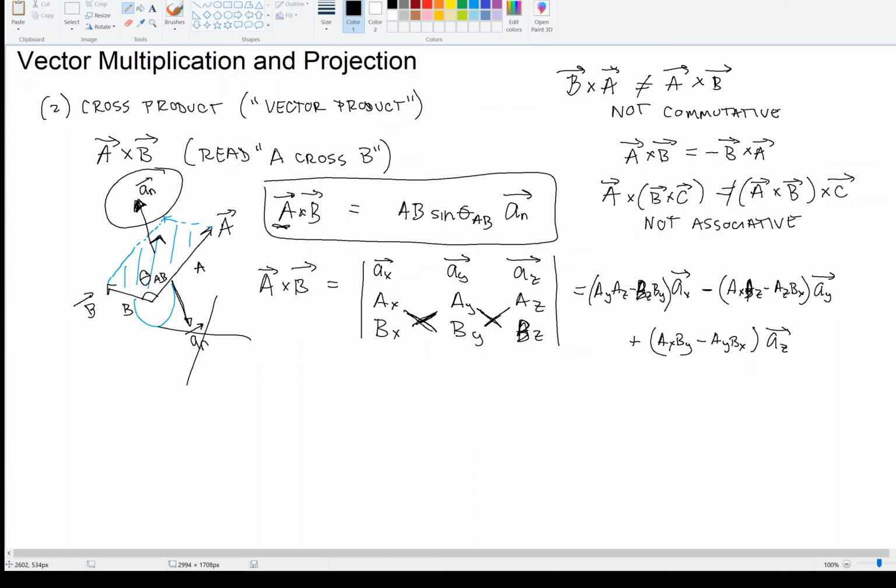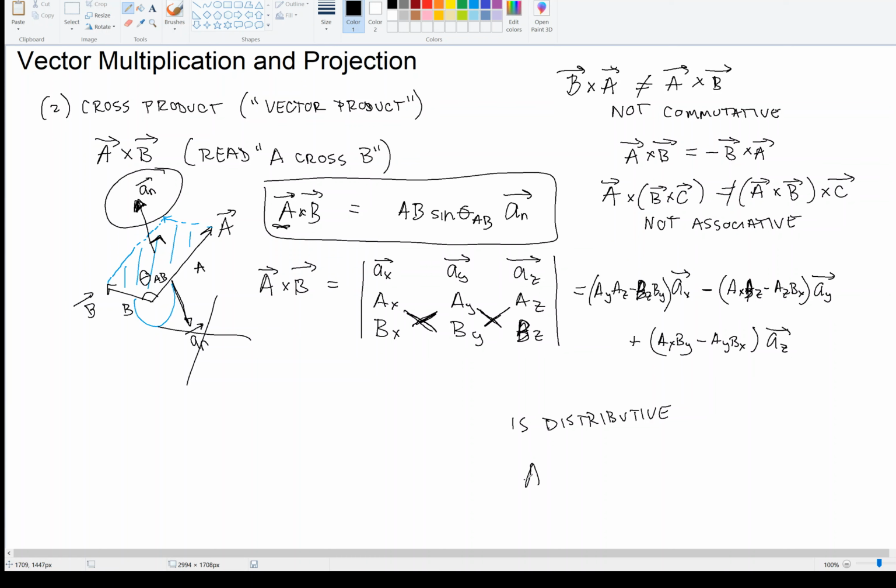Okay, but it is distributive. Okay, and I challenge you to prove these things out. You should be able to prove these out. Oh, what am I doing here? I'm not writing the correct property. It is distributive.